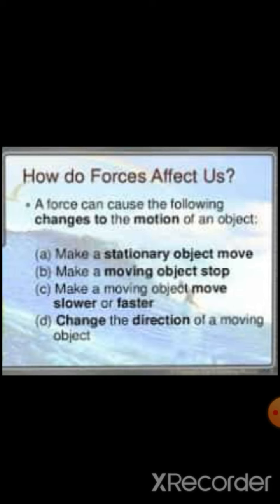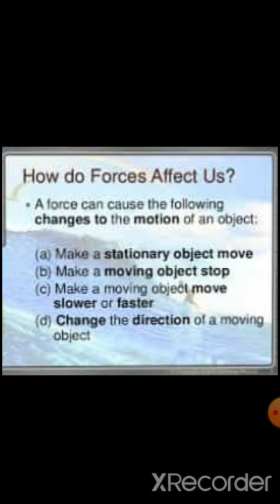The third point, force can either increase or decrease the speed of a moving object. The fourth point, force can change the direction of a moving object.